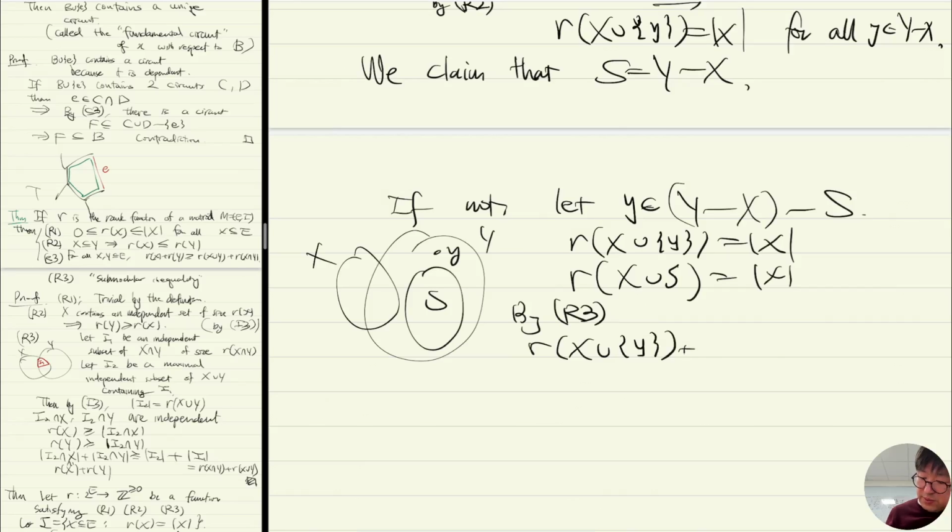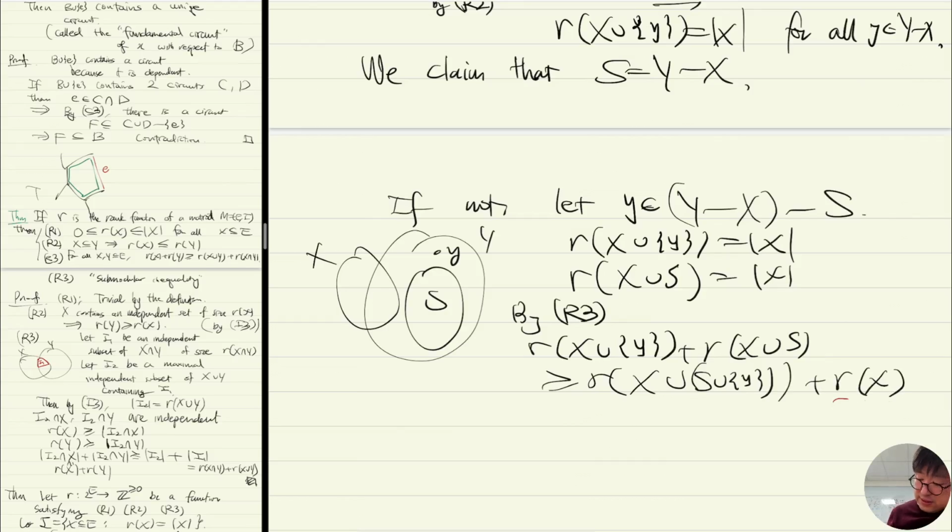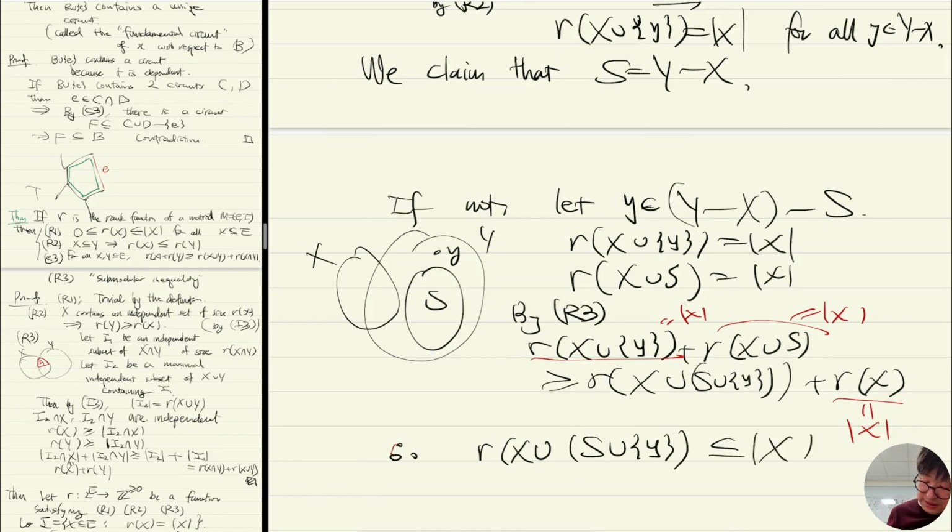we can apply the submodular inequality. This is X union S union y, and the intersection is X union S. The rank of the intersection is equal to size of X, and rank of X union y is equal to size of X. So this implies that rank of X union S union y is at most size of X, but I knew already that it is at least size of X by R2.